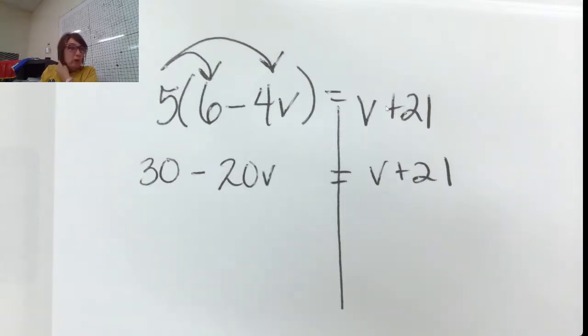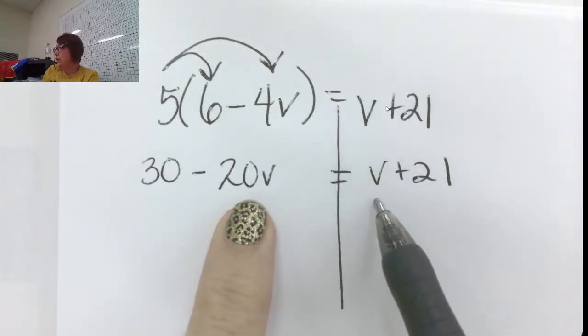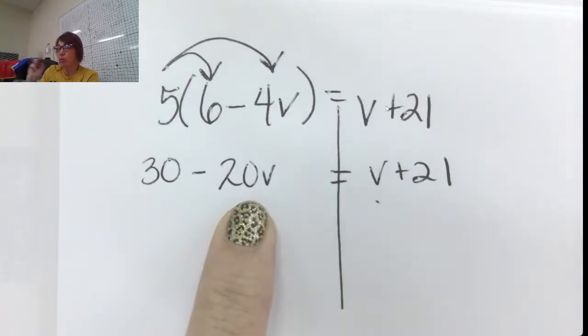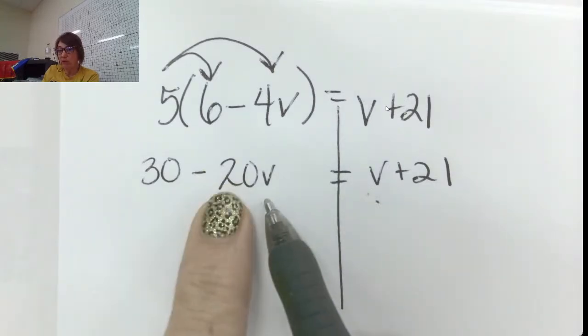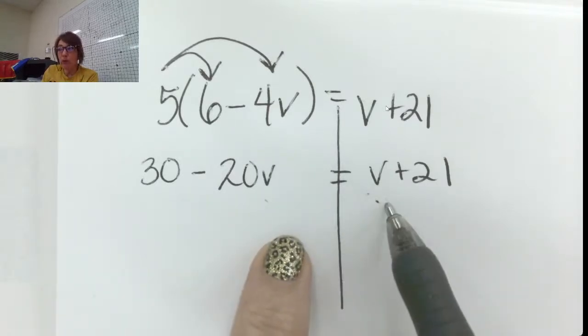So if you haven't ever had me before, it doesn't matter what order you do it in. It doesn't make any difference. But I strongly suggest that you get your variables together first. You guys make fewer mistakes when you get your variables together before you start moving numbers. Okay? So we need to move either this 20V or this V. One of the two. It doesn't matter which one, but we've got to move one of them. Which one would you pick?